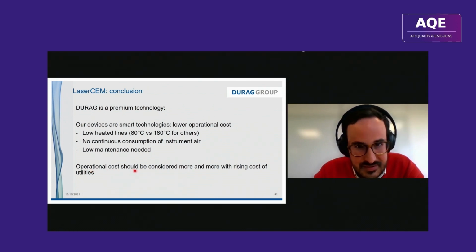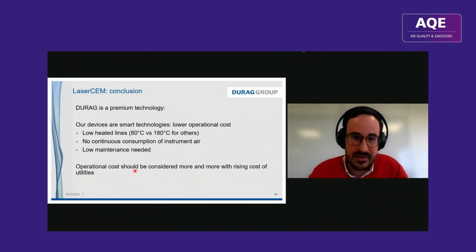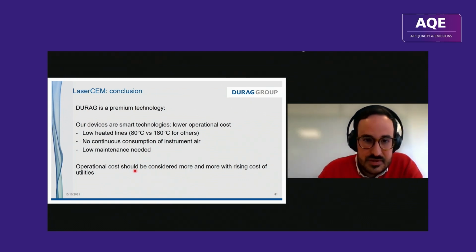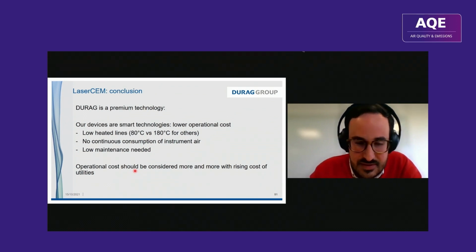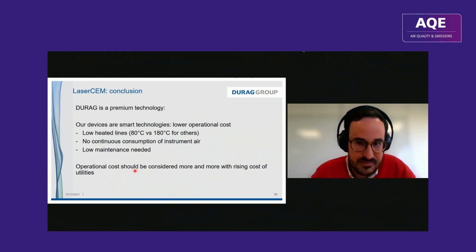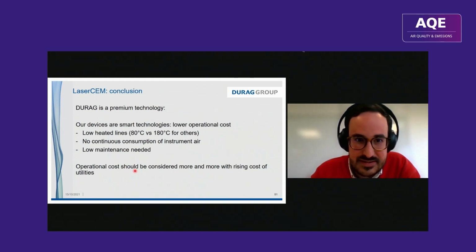And for sure, we are a new technology, so at some point we are also seen as a bit expensive, but you should also compare the operational costs with the CapEx to have a clear picture, when you use OFCEAS, to see that you will save some money in the long term.